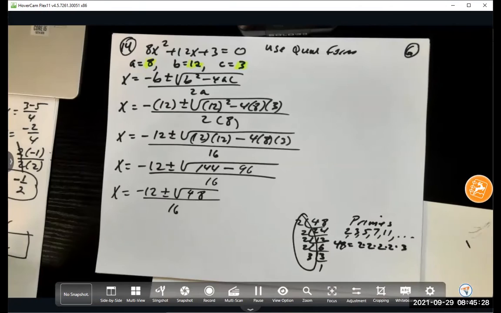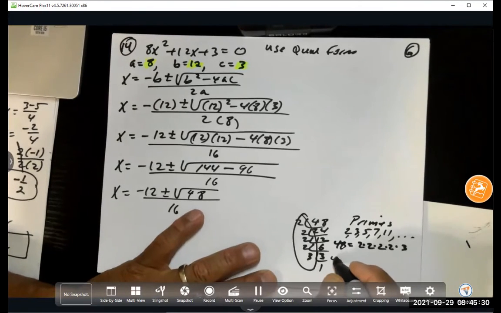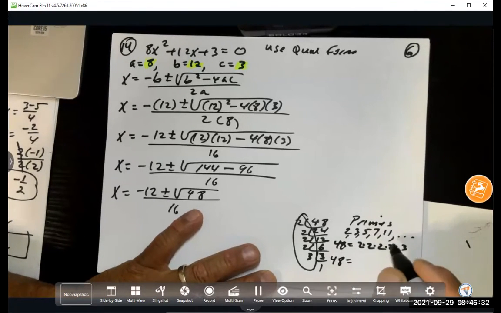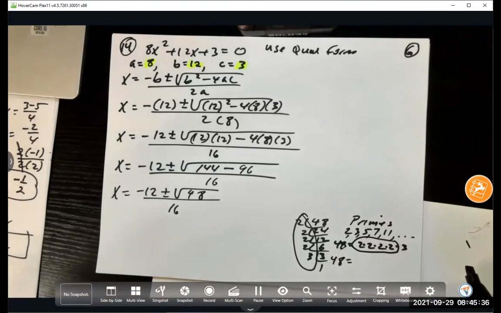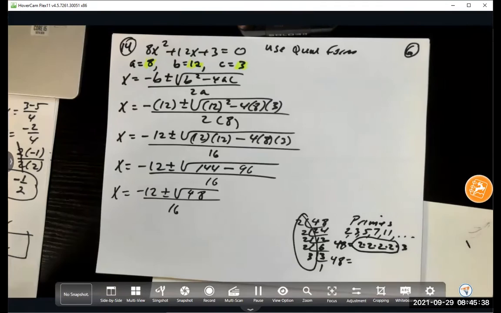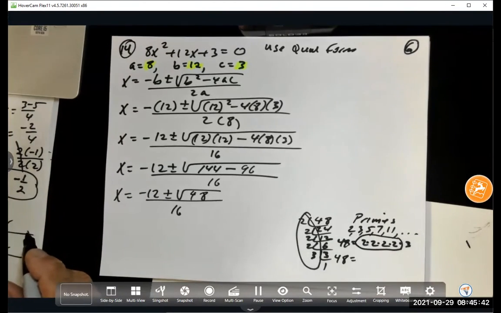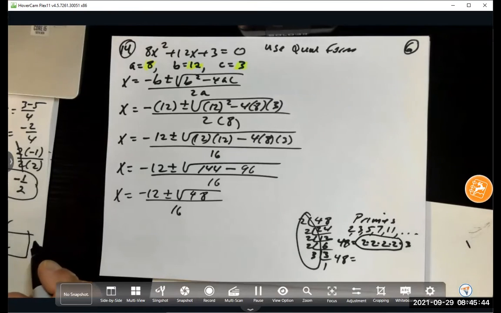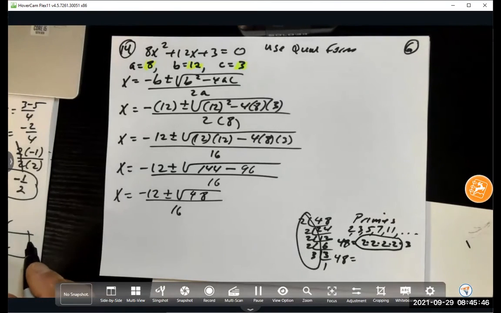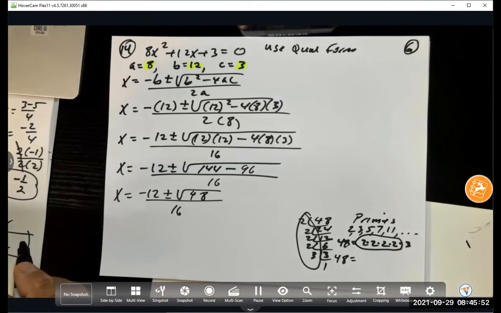Now, what are these four numbers together? What's 2 times 2 times 2 times 2? Do it in a calculator. 2 and 2 is 4, 4 is 8, 16. I'm going to calculate that one more time.